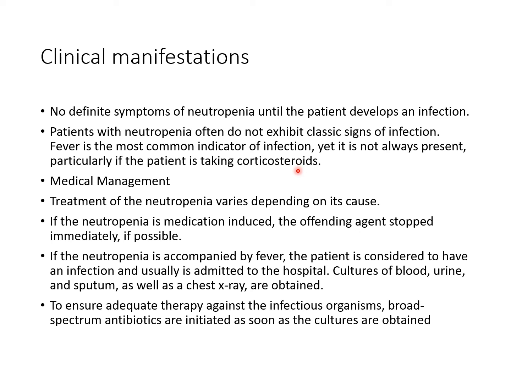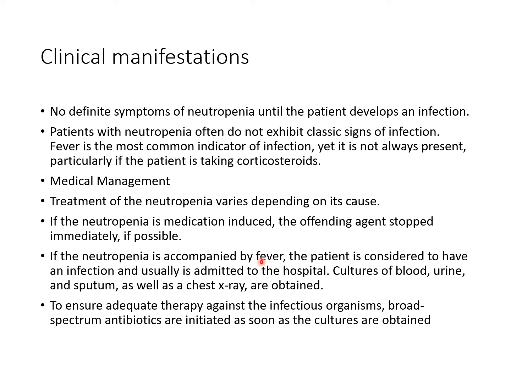So treatment of neutropenia varies depending on the cause. If it's medication induced, then you're going to stop that medication if possible. So if possible being the key word. If the neutropenia is accompanied by temperature, the patient is considered to have an infection and usually is admitted to the hospital.